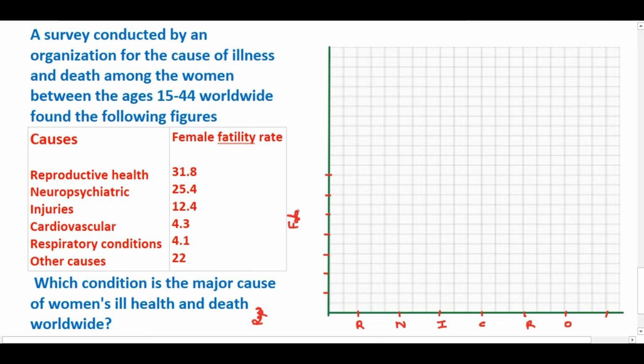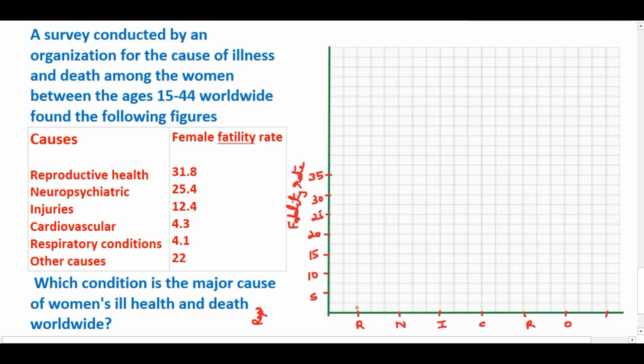So you can mark here fatality rate. Again, 4.1 is there, so I start with 5, 10, 15, 20, 25, 30, 35. So scale you can write on the y-axis. 1 centimeter is equal to 5 units.